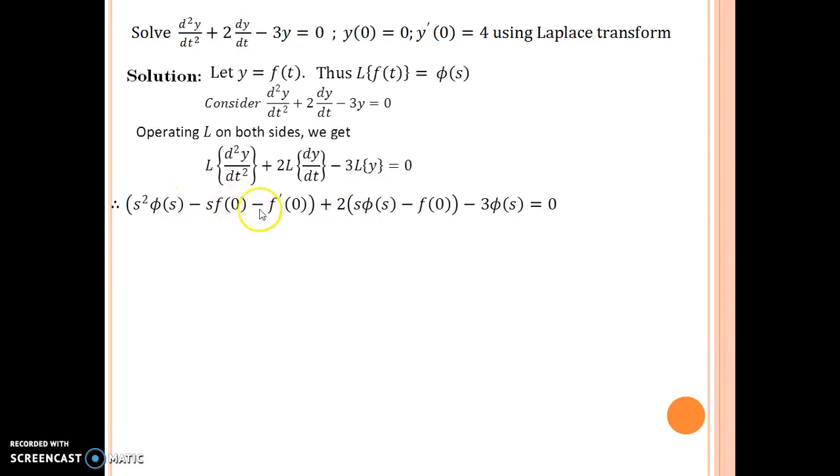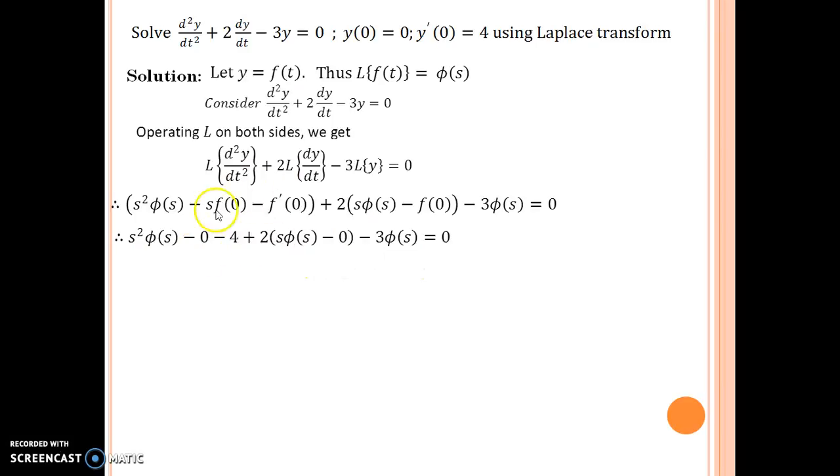After writing the formula, you write down the values of f of 0 and f dash of 0 from the corresponding conditions that are given. So f of 0 is 0 and f dash of 0 is 4. I just explained that in my previous slide. Substitute those values, and you will get this equation.